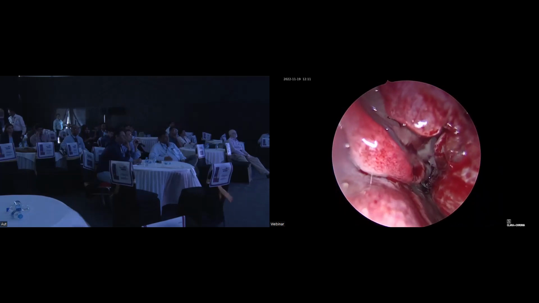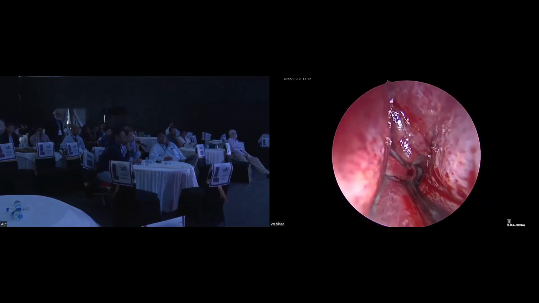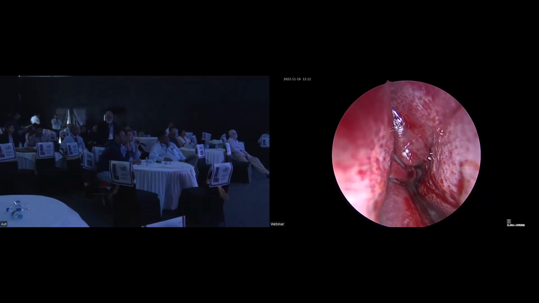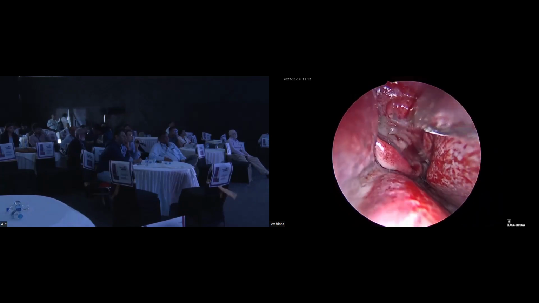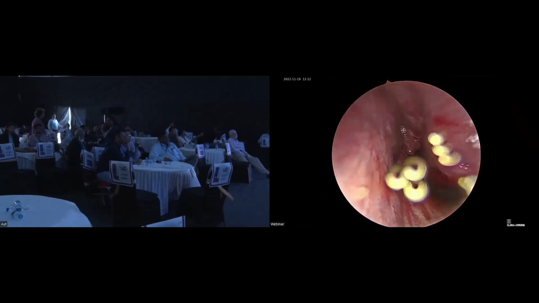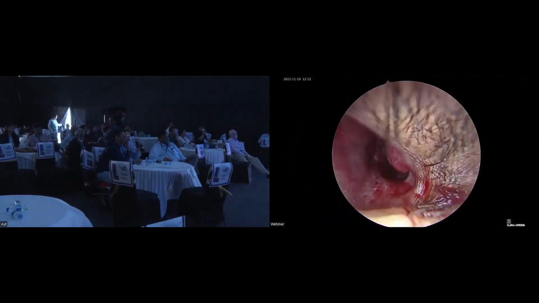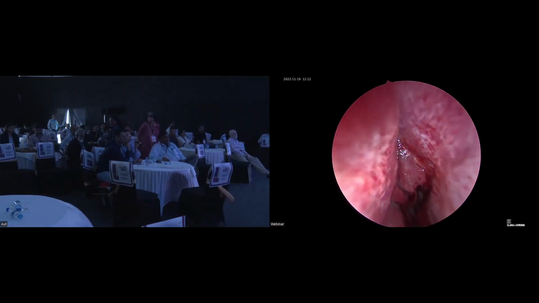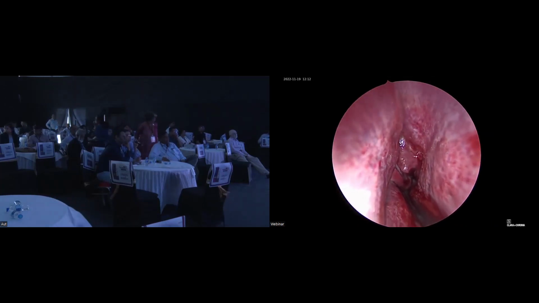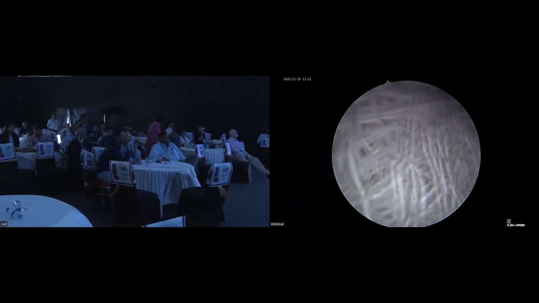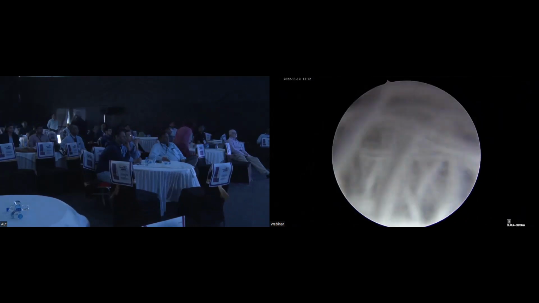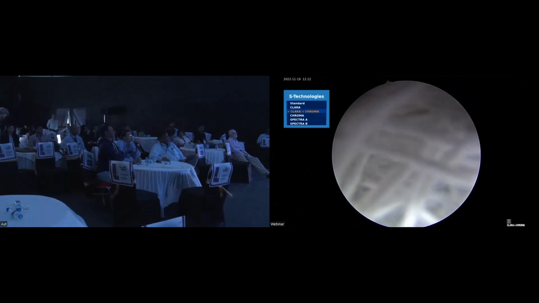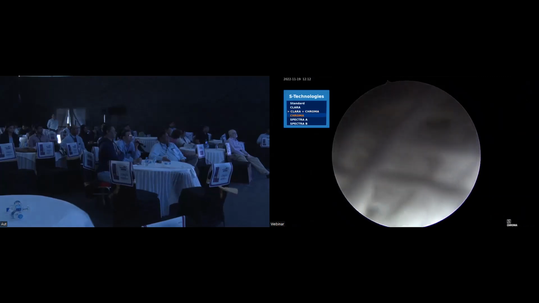Hello. Can you change it to Clara or a standard mode? Because it's a little red picture here. The picture is a little red. If you change it to Clara or a standard mode, I will. Thank you. You feel it's very red. Are you changing, or should I do it from up? I'll try. I'll go to either Clara or standard.